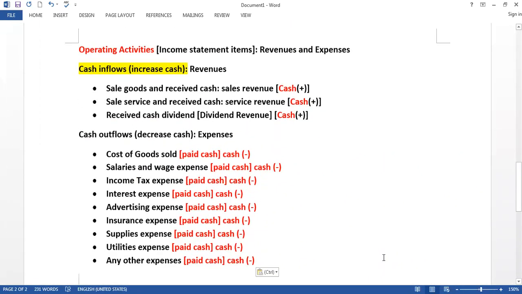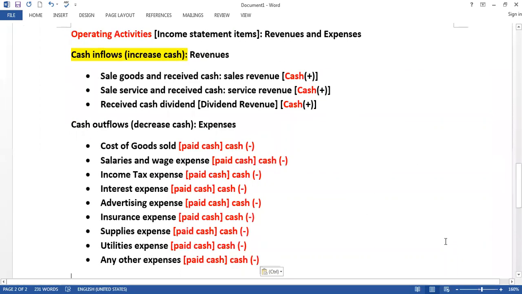So these are the examples of operating activities. Operating activities deal with revenues and expenses. Revenues are related with cash increase and expenses are related with cash payment. So whatever revenues, whatever expenses you have, they should be connected with cash.